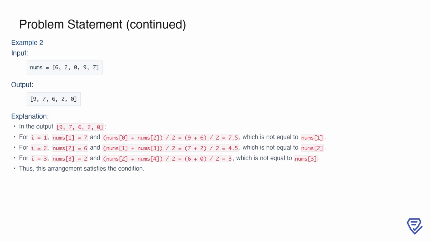For index i equals 2, the value at nums[2] is 6, and the average of its neighbors is (7 + 2)/2 equals 4.5, which is not equal to 6. For index i equals 3, the value at nums[3] is 2, and the average of its neighbors is (6 + 0)/2 equals 3, which is not equal to 2. Since this arrangement meets the condition for all valid indices, it is also a valid solution.